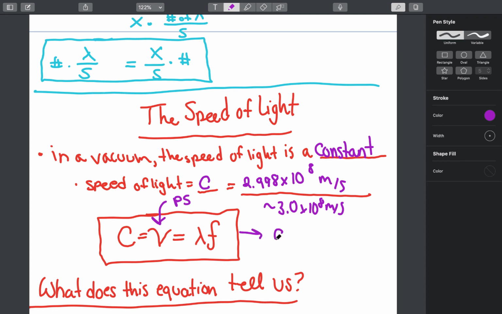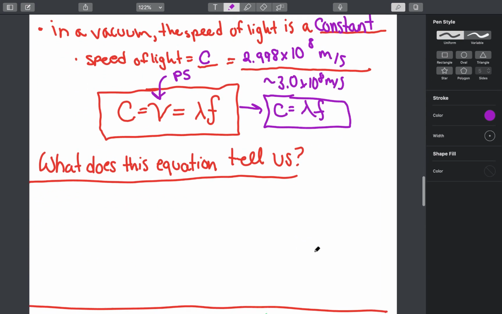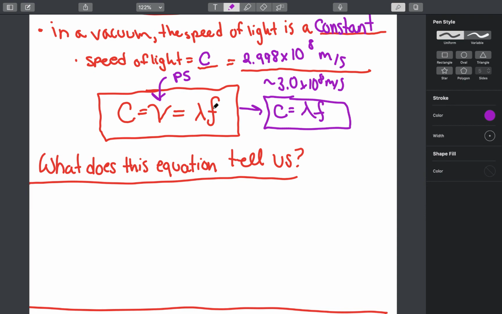Therefore, c is equal to lambda times f. And we can set this equal to c because c is a constant in a vacuum. Now, because light is constant in a vacuum, we can come up with some certain relationships based upon this equation. So c is equal to lambda times f. This allows us to predict how frequency and wavelength affect each other.